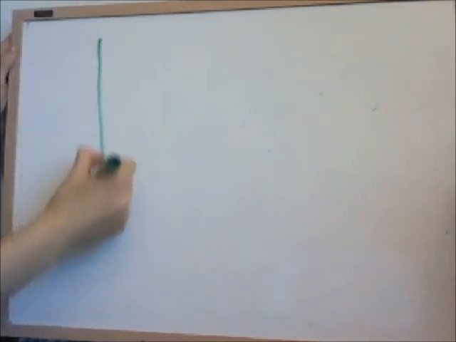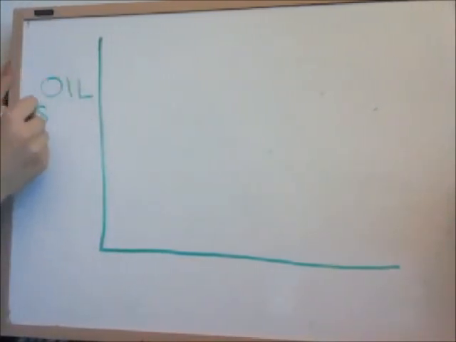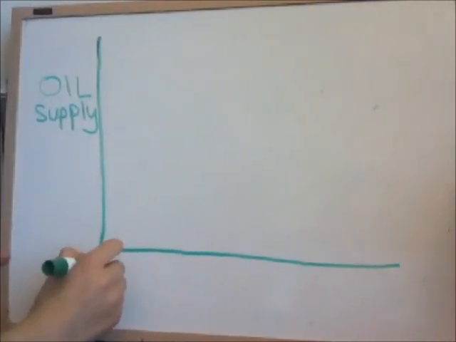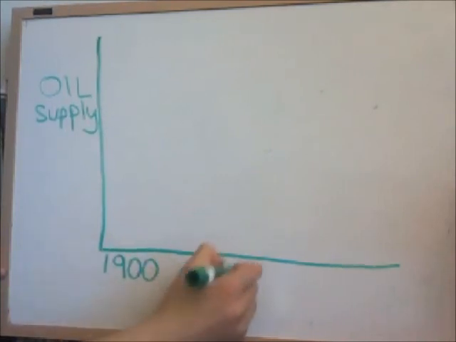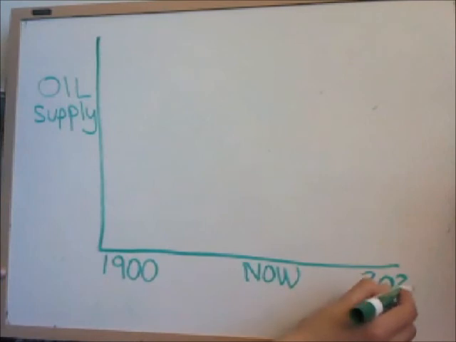Do we have enough oil? Let's take a look at our graph that explains the current state and what's going to happen once we reach peak oil. So we have the world oil supply on the y-axis and time on the x-axis. Let's say our graph starts at the year 1900, when our use of oil was negligible.